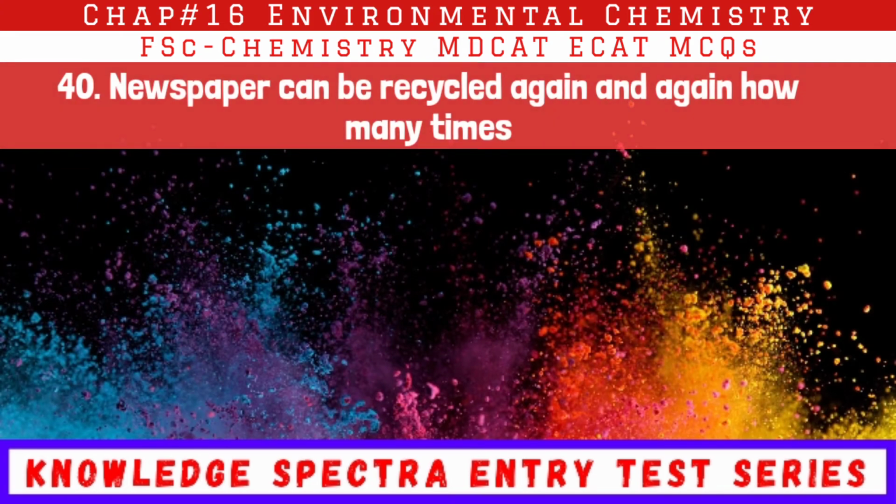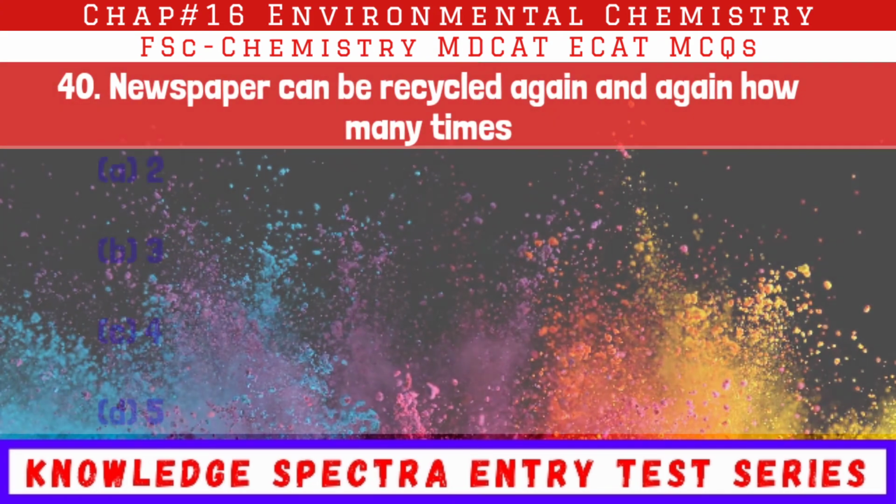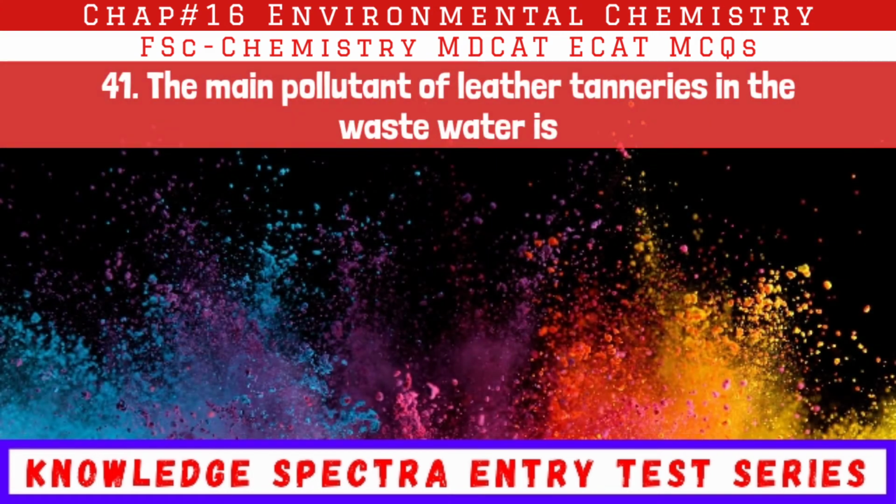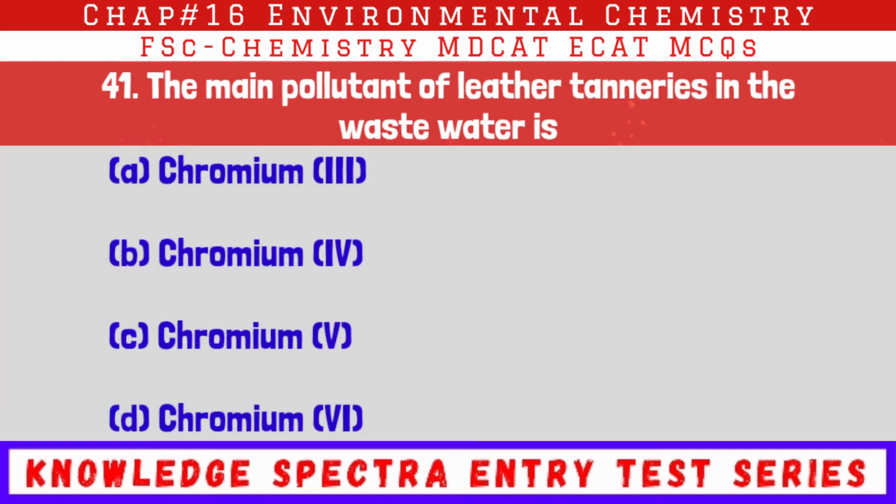40. Newspaper can be recycled again and again how many times? A. 2, B. 3, C. 4, D. 5. Correct answer is D. 5. 41. The main pollutant of leather tanneries in the wastewater is A. Chromium 3, B. Chromium 4, C. Chromium 5, D. Chromium 6.